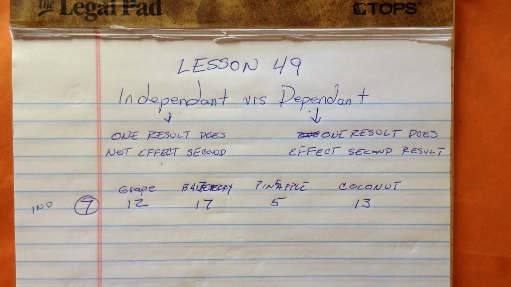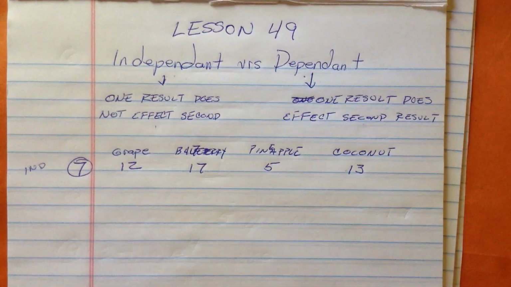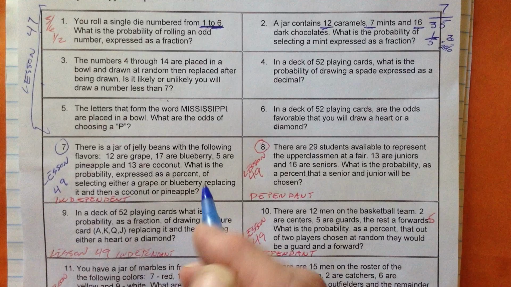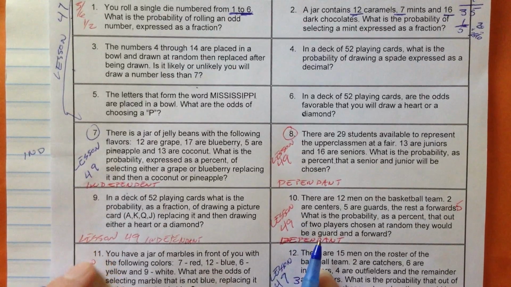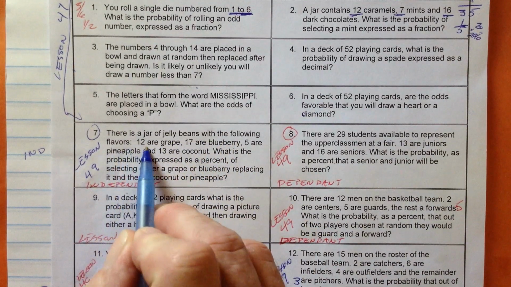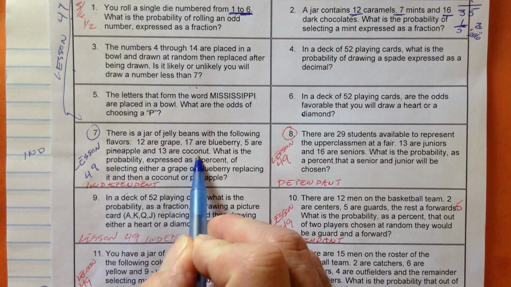So I'm going to do number 7 and number 8 from the worksheet. Number 7, I already have written there, it's independent. It says there's a jar of jelly beans with the following flavors: 12 grape, 17 blueberry, 5 pineapple, 13 coconut.